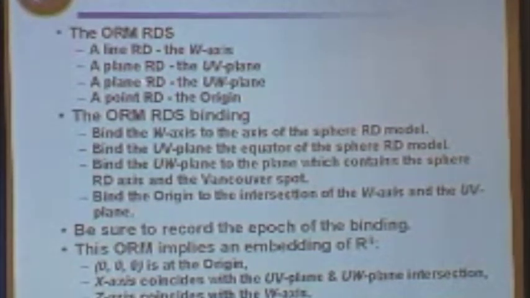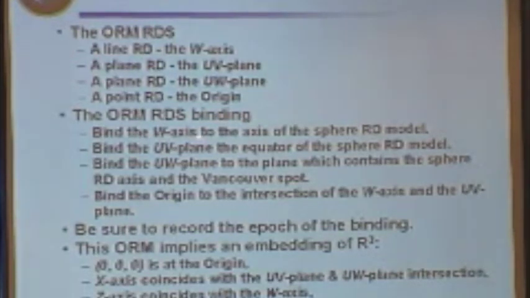So that's our reference datum set, and we have to bind it to our model. So we'll take the V-axis and make it the same as the axis of the sphere that was pointing towards Polaris, and bind the UV plane to the equator of the sphere, bind the UW plane to the plane that contains the sphere axis and passes through our Vancouver spot.